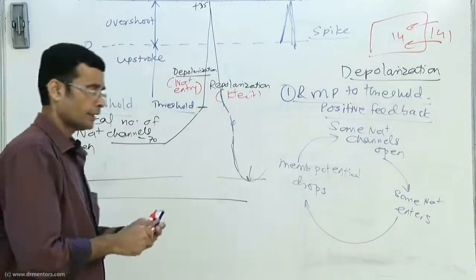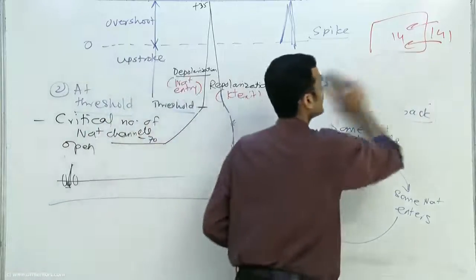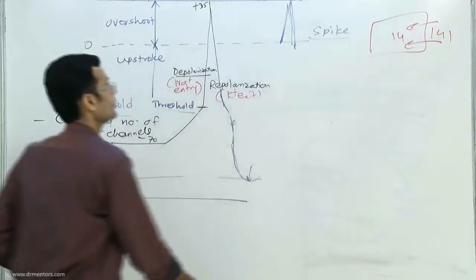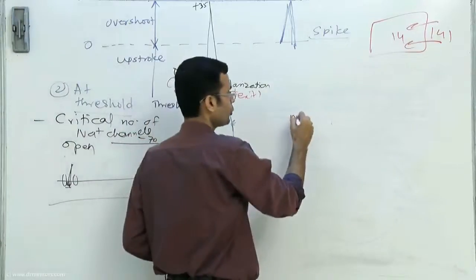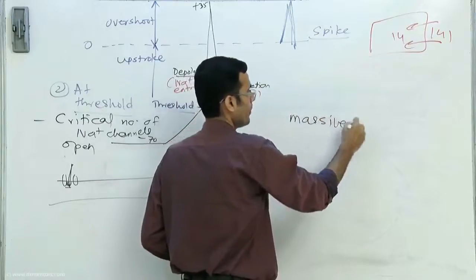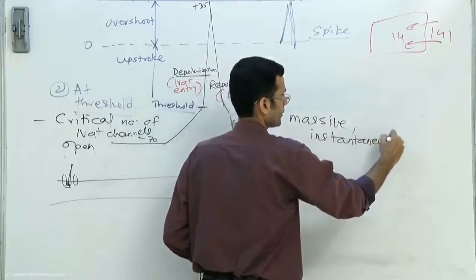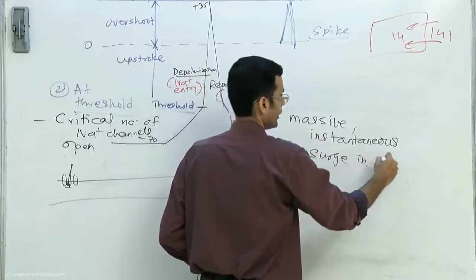So, since a critical number is open and sodium has a good concentration gradient also to come in, therefore at threshold there is a massive instantaneous influx, a surge in sodium.